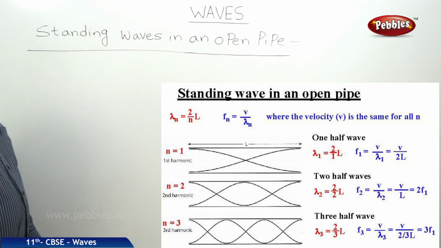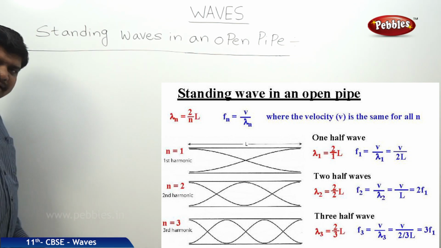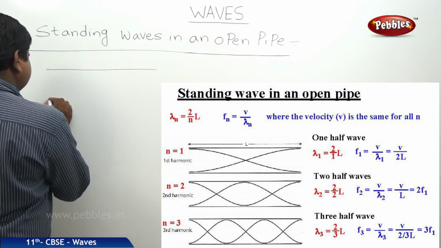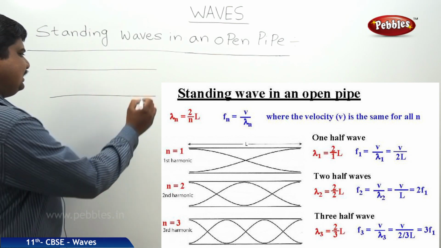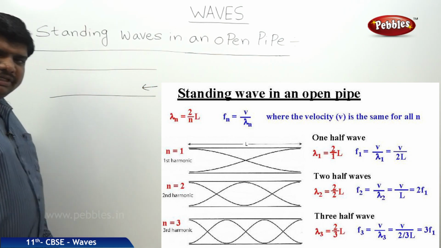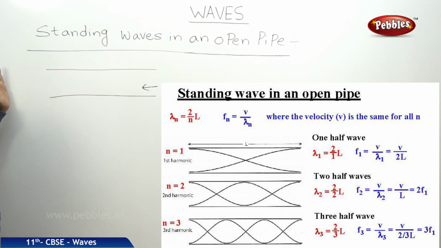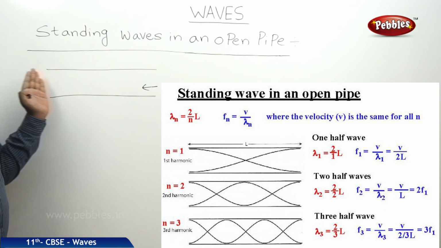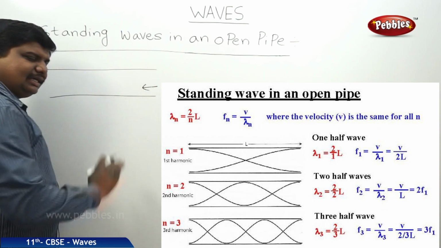So the next case is standing waves in an open pipe. Open pipe means here the pipe is open at both the ends. If air is blown in one direction in the form of a wave, it will move to the second end. But at the second end, if we assume a reverse directed air, means the air aligned in the reverse direction, then these sound waves will be reflected back.